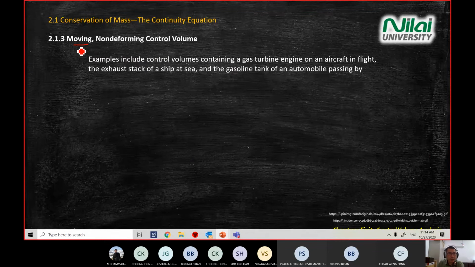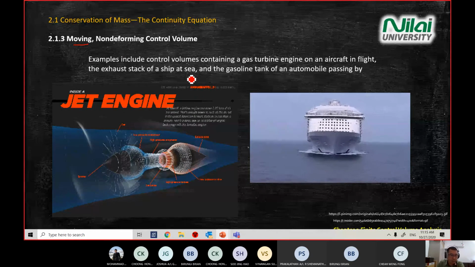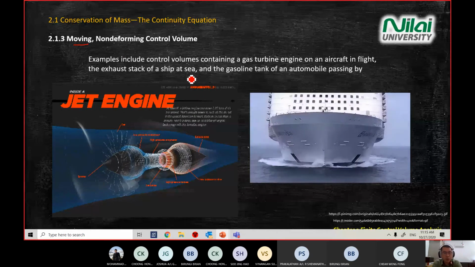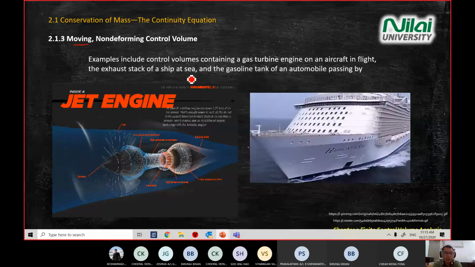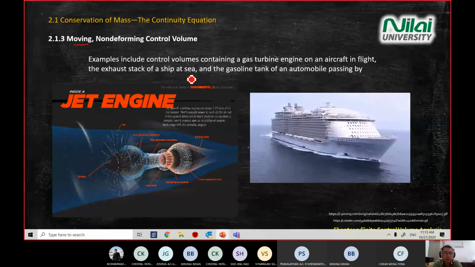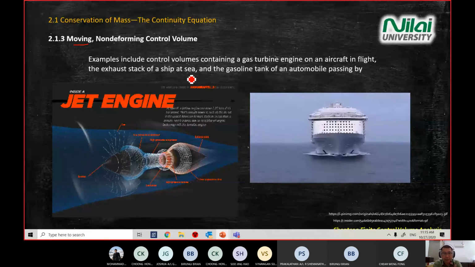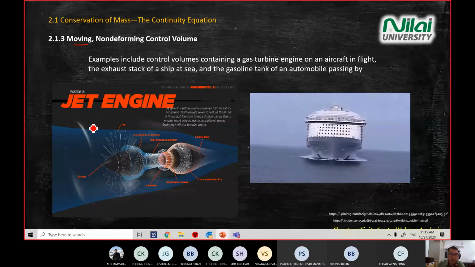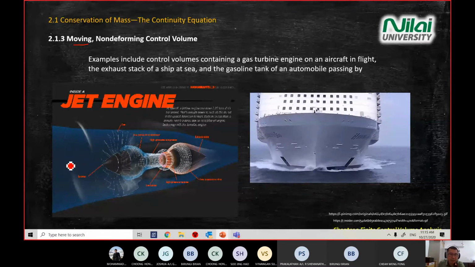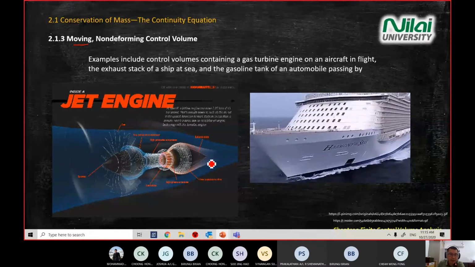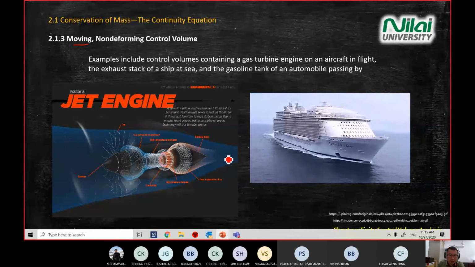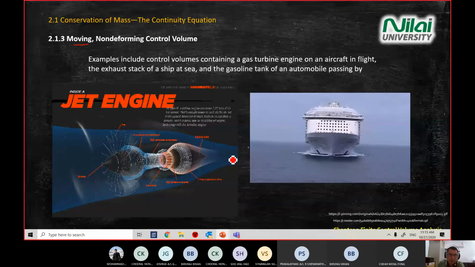So the next one, we look at moving non-deforming control volume. I'll give you 2 examples here. What I mean by moving non-deforming control volume? One of them is on the screen here. You will see the turbine, the aircraft engine. It will suck in air from one inlet and then push the air out of another outlet.